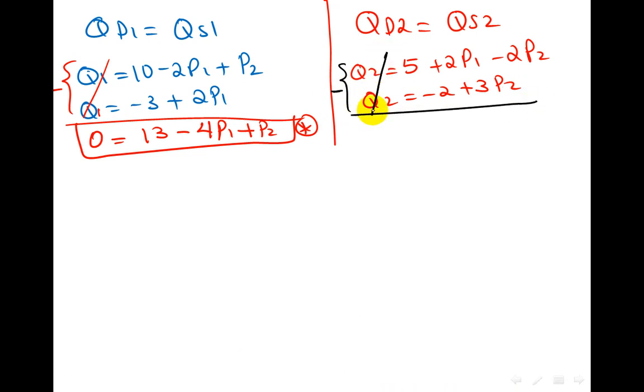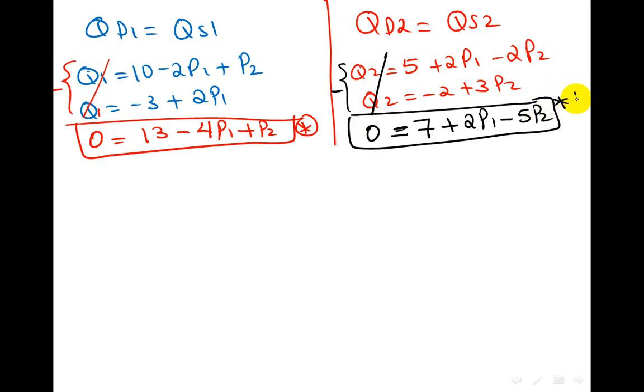So Q2 minus Q2 will give you 0. 5 minus minus 2 will be 7, and I don't have any P1 here, so this P1 will go down as it is because there is no like term. So it will be plus 2P1, and minus 2 minus 3 will give you minus 5P2. I can call this one star 2, or double star.